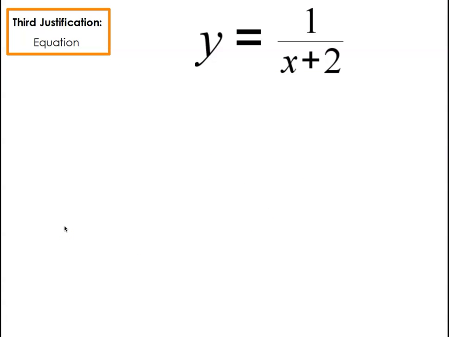Now let's look at our last representation, which is the equation. Let's see where we could prove that there is an asymptote at x equals negative 2. Let's see what happens when we substitute in the input of negative 2. So it'll be 1 divided by, and then if we substitute x for negative 2, which we're saying is where the vertical asymptote is, let's see what happens.